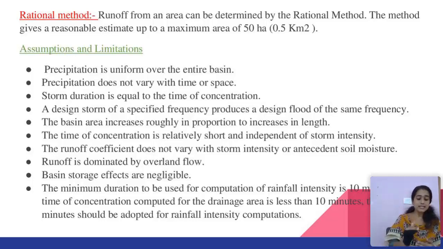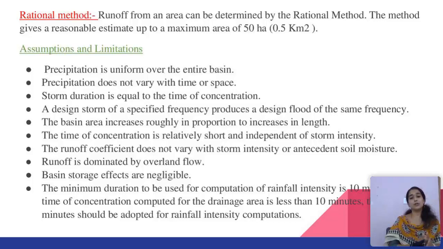And the second assumption is that precipitation does not vary with time or space. This is another factor, and it is not really true. That is, precipitation varies with time and space. Then the third assumption is that storm duration is equal to the time of concentration.